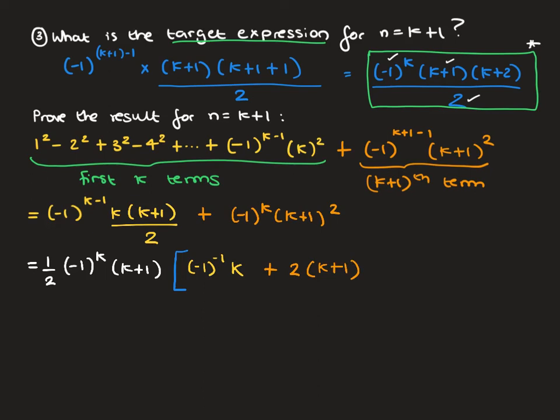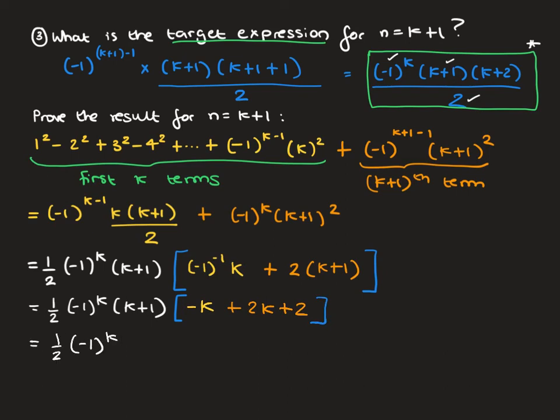Check back in your head that the multiplication works when you expand. So simplifying this, we've got a half, negative 1 to the k plus 1, and then in the big blue square brackets, let's see what we've got. Now negative 1 to the power of negative 1 is just negative 1, so we've got negative k plus 2k plus 2. And as you can see, we are pretty much there.